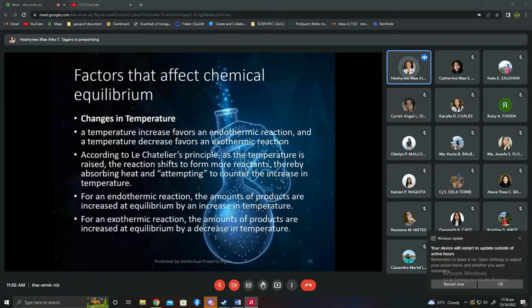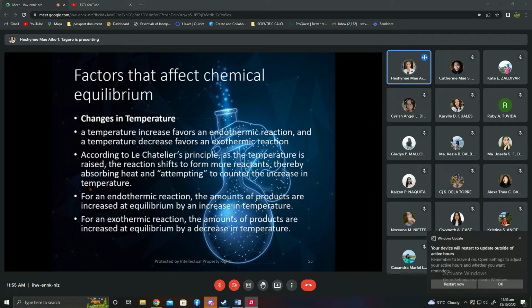So according to Le Chatelier's, as the temperature is raised, the reaction shifts to form more reactants, thereby absorbing heat and attempting to counter the increase in temperature.